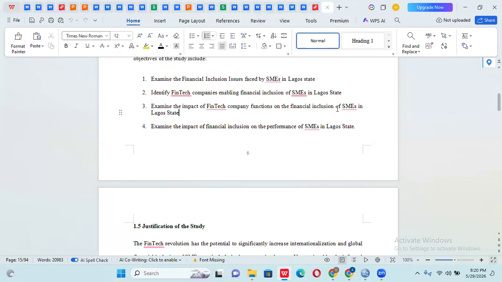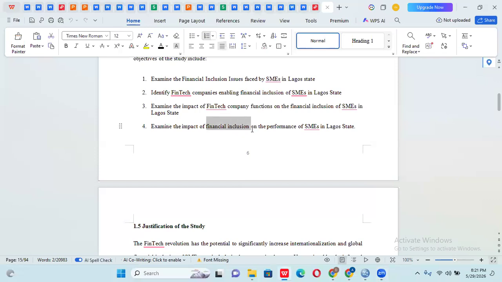Okay, so we are using inferential statistics. We just don't know the type of inferential statistics we are using, but we are using inferential statistics. Are you with me? All right. Now, examine the impact of financial inclusion on the performance of SMEs.